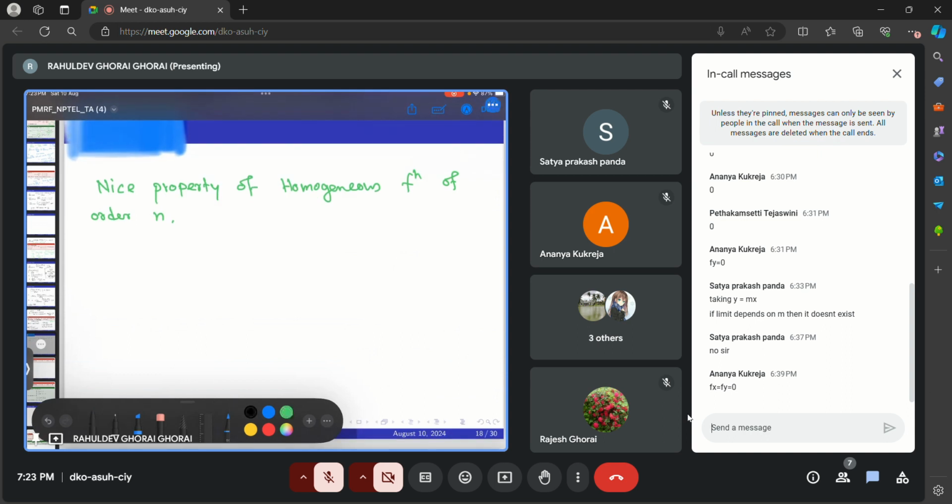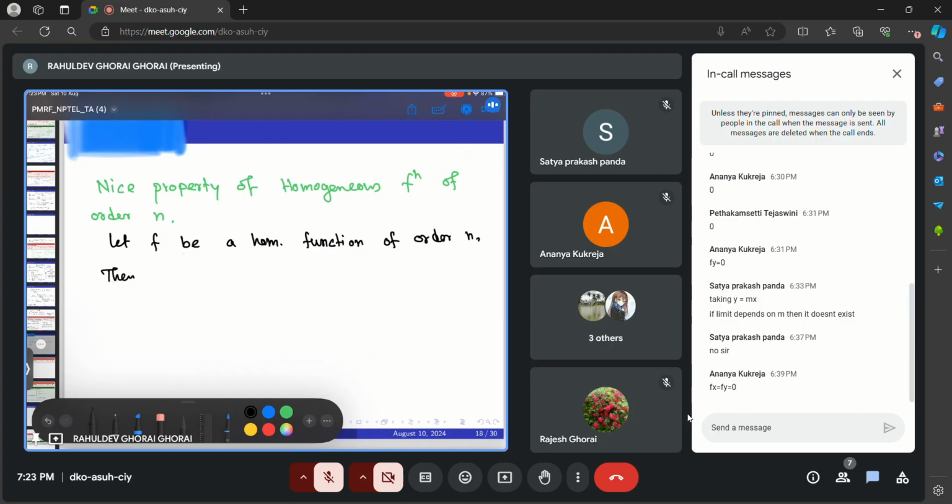Euler proved this, mainly. I don't know whether I remember the proof, but I think it will be easy; otherwise, I will just state it. Let's try first. Let f be a homogeneous function of order n.